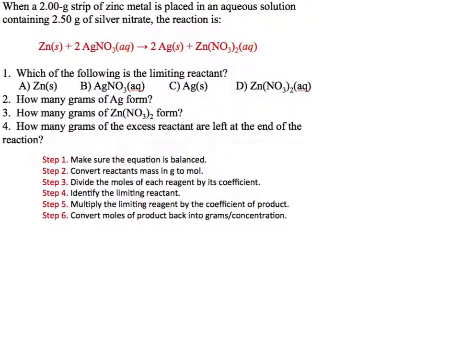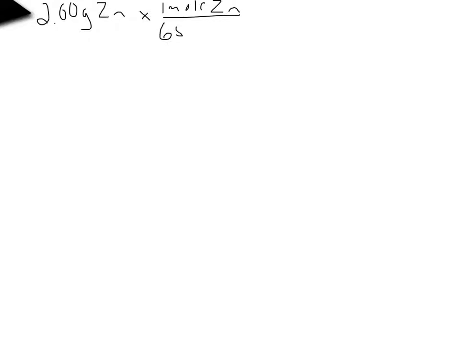Okay. So to do this, the first thing we need to do is we have 2.00 grams of zinc, and we want to convert that to moles of zinc. So in 1 mole of zinc, we have a total of 65.4 grams of zinc.